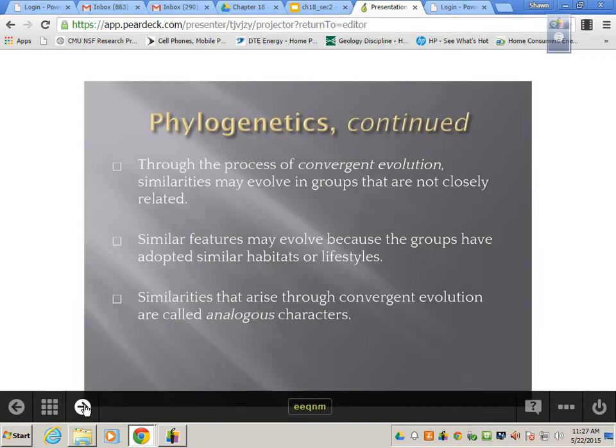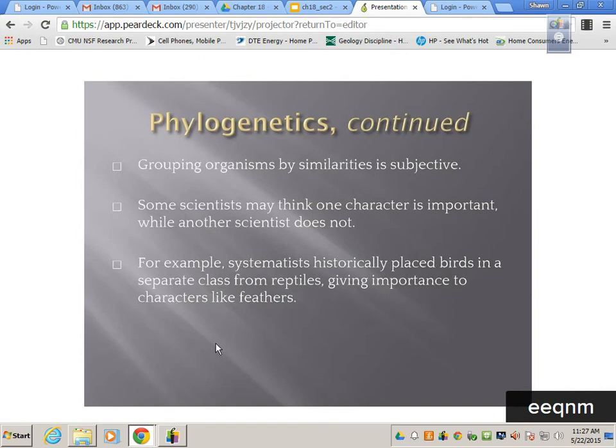It was okay. So grouping organisms by similarity is subjective, meaning I might think things are related and you might not. So some scientists may think that one character is important while others do not. So if we look at systematics, historically we'll place birds in a separate class from reptiles, giving importance to characteristics like feathers.